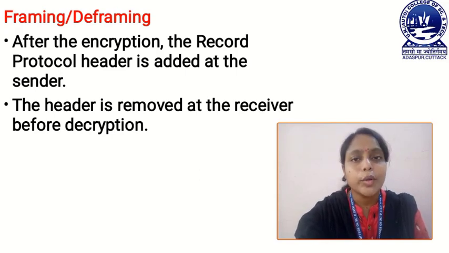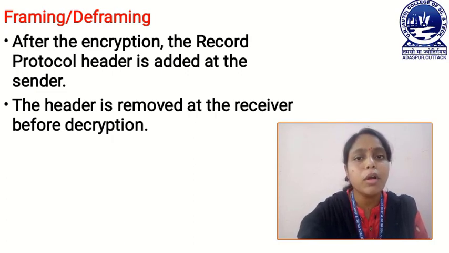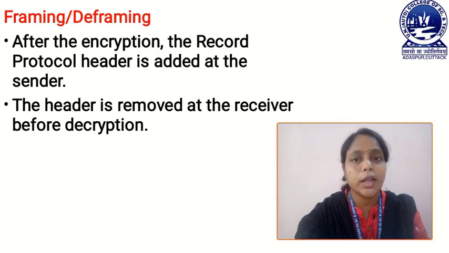And the alert protocol always gives the alert message if there is any issue or problem during the transmission. And the record protocol always takes the message from the application layer, then it processes it and sends it to the transport layer. This is all about these three protocols.